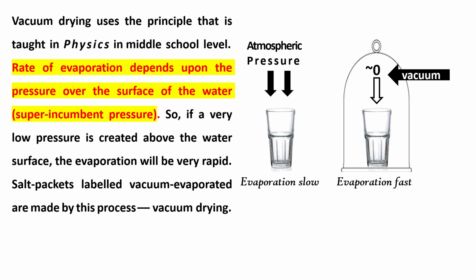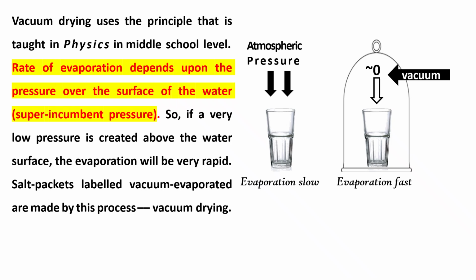So we have shown a glass half filled with water. If you place it outside, the pressure acting on it is the atmospheric pressure, so it will take a long time to dry. But if it is placed under a bell jar and made vacuum, then it's near total vacuum, very low pressure, and the evaporation will be very fast.